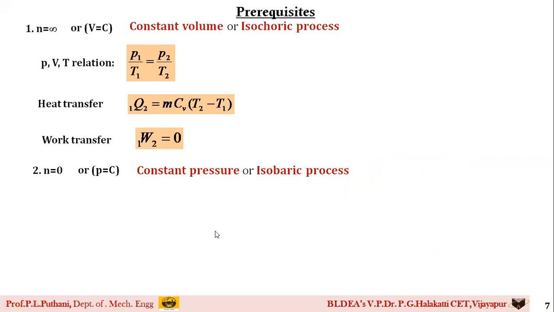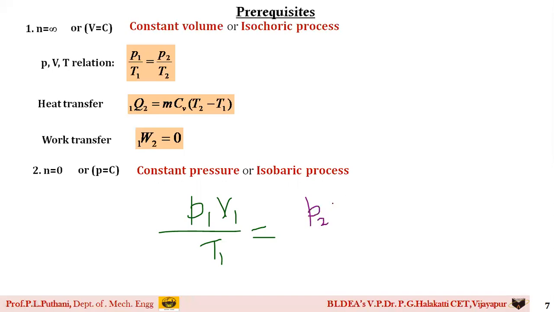So now the PV relation here. As I said previously, how was our general PV relation? P1 V1 by T1 is equal to P2 V2 by T2. As now the pressure remains constant, that is P1 is equal to P2, it gets cancelled.